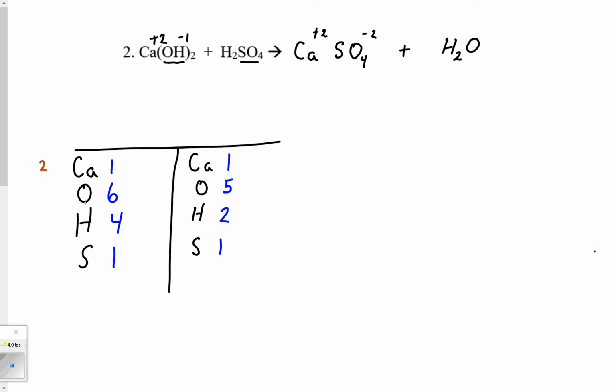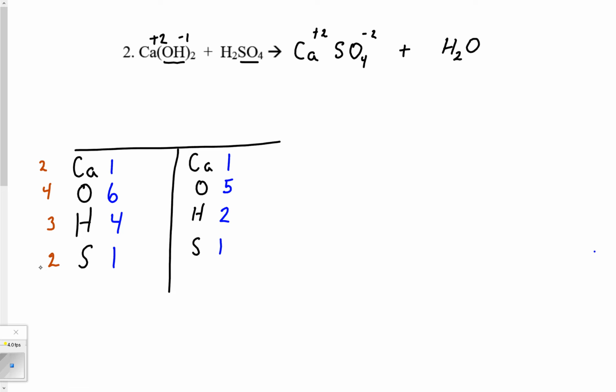How many times do I see the letter O? 1, 2, 3, and 4. So I see the letter O 4 times. How many times do you see the letter H? 1, 2, 3. How many times do you see the letter S? 1 and 2. Here's what it tells me. Whenever I'm trying to pick one to balance first, and this can make hard problems harder, pick the one you see the least number of times.